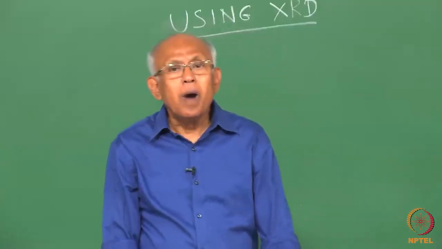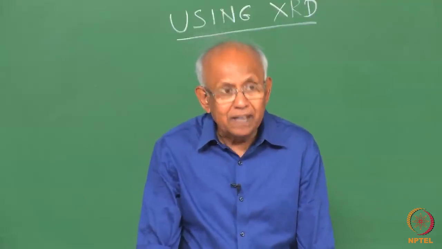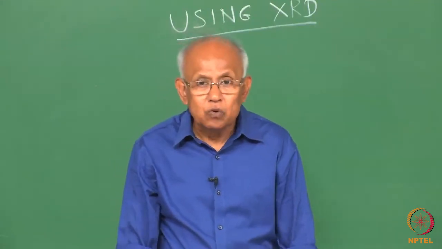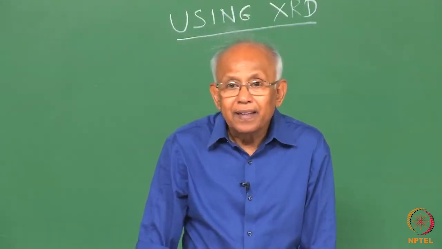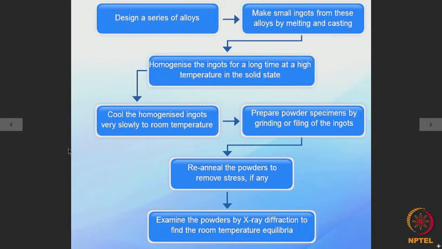So, what is the procedure to be adopted to determine the phase diagram of a two component system at room temperature? The first thing is we design a series of alloys. Then make small ingots from these alloys by melting and casting.